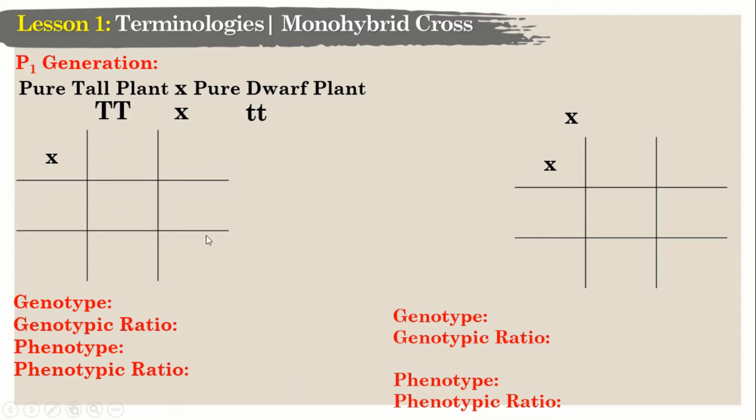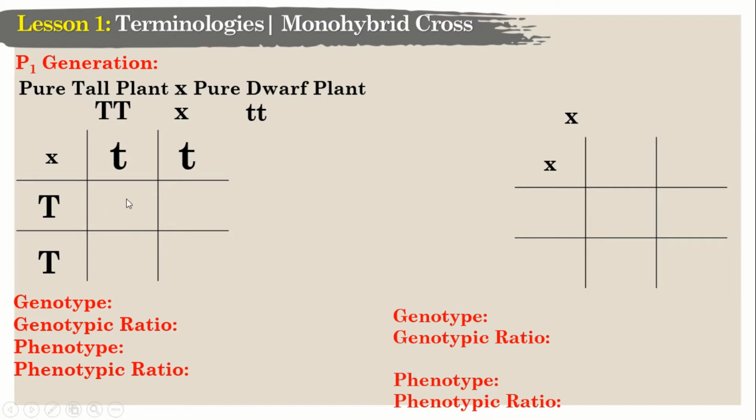Now, this one is what we call your Punnett square. We simply put your tall plant here on the left side, and this one on the upper part of the Punnett square. Since we are looking for the accurate possible probability of the offspring, we now use the process of the Punnett square. It's just a combination.